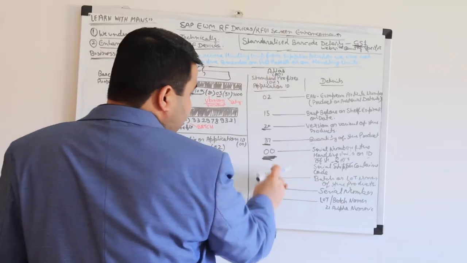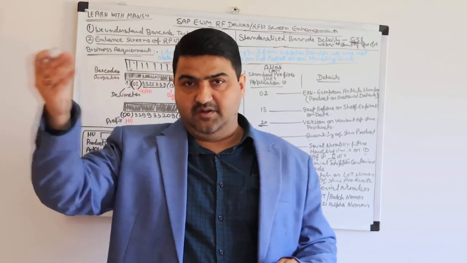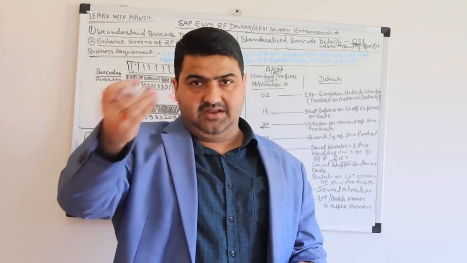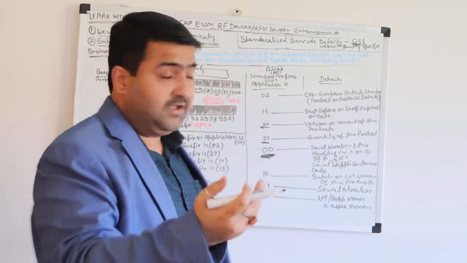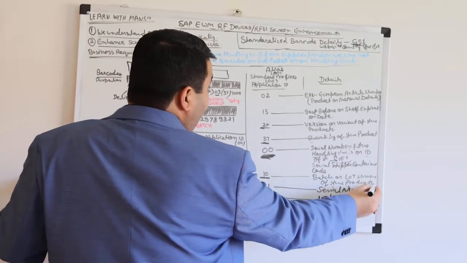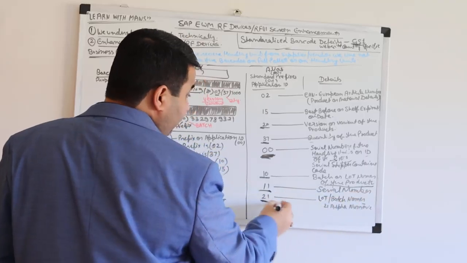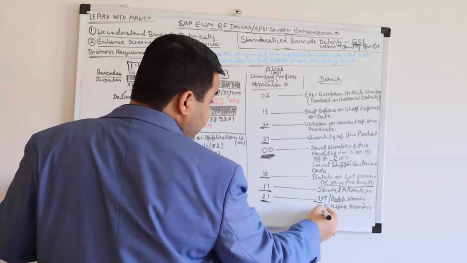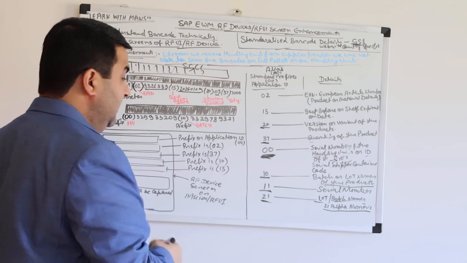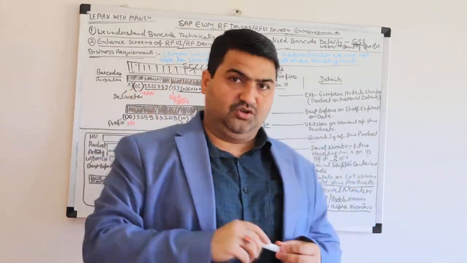These are the standard numbers, but if you go to GS1, all countries have more different numbers, country-wise and area-wise. If you see prefix 10, 10 means batch or lot number, 11 means serial number, and 21 means lot or batch alphanumeric number, because a batch number or lot number can contain alphabets and numbers also.